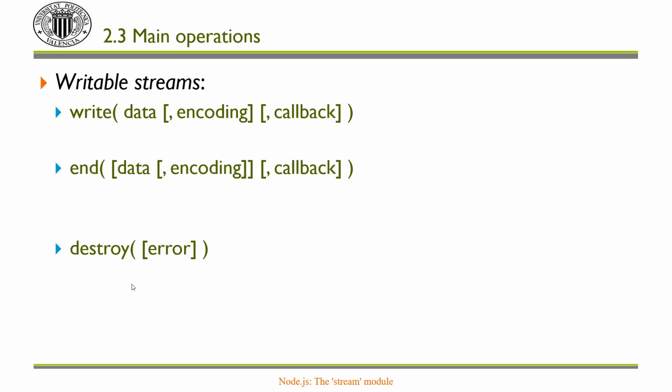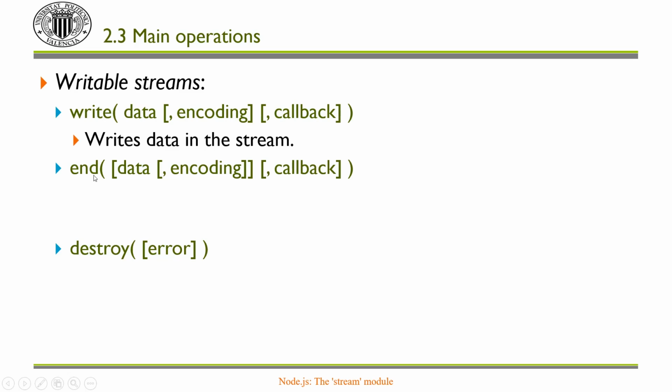In regard to the main operations of writable streams, they are write, end, and destroy. Write is used in order to write data in the stream. It has a mandatory argument, the data itself being written. Optionally, we may specify the encoding and set a callback to be used when the write operation is ended.